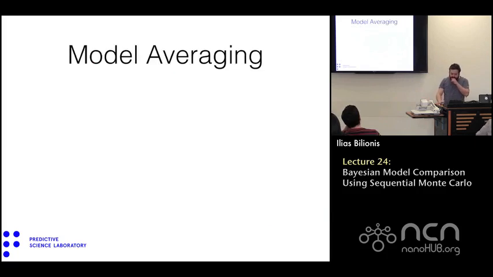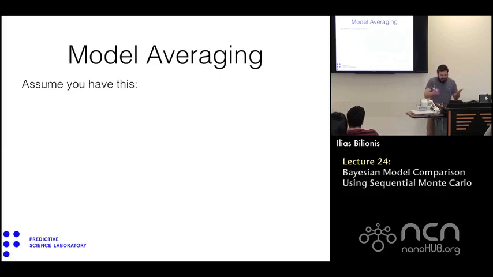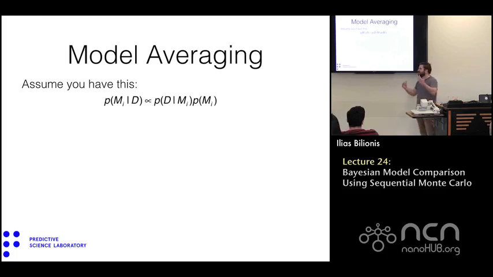Alright. Now, after you calculate these probabilities over models, you don't have to select a model, actually. Nobody forces you to select a model. Unless somebody really asks you to select a model, you don't have to. You can use all the models, so you can do model averaging.